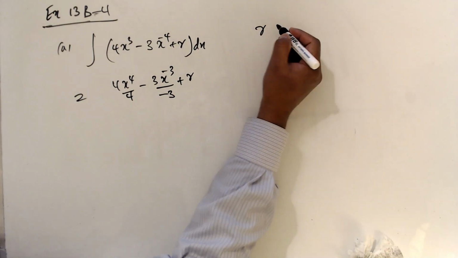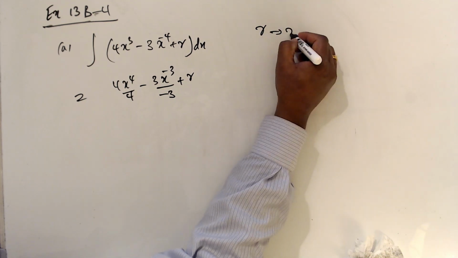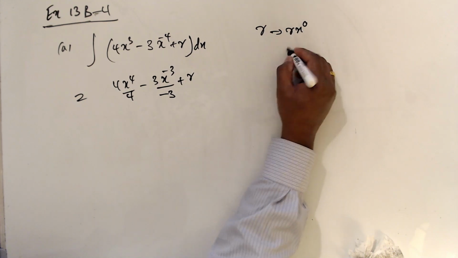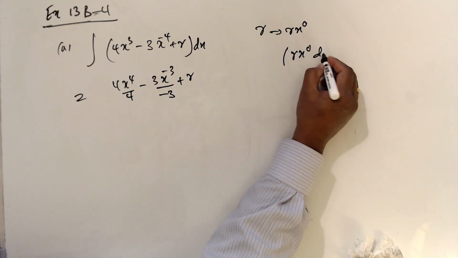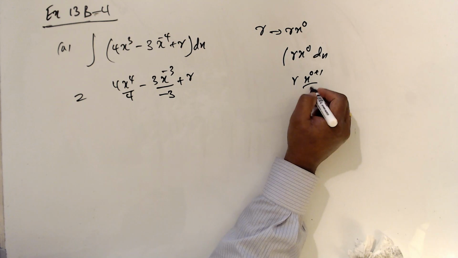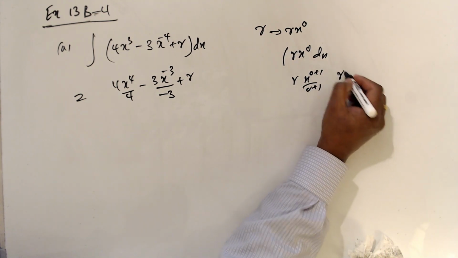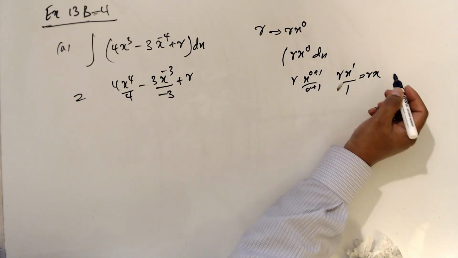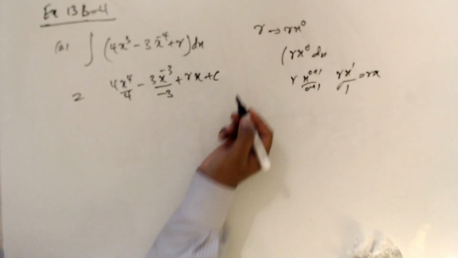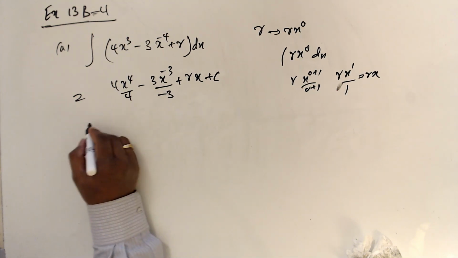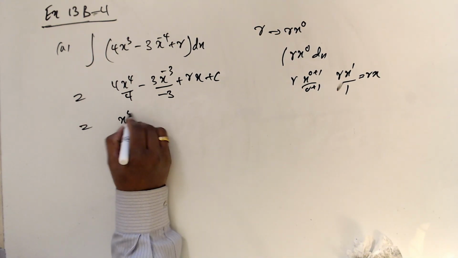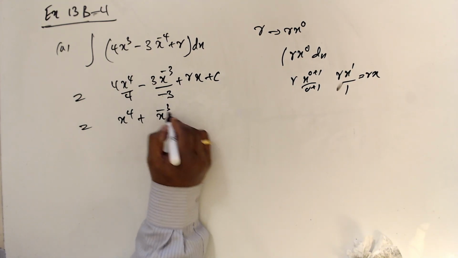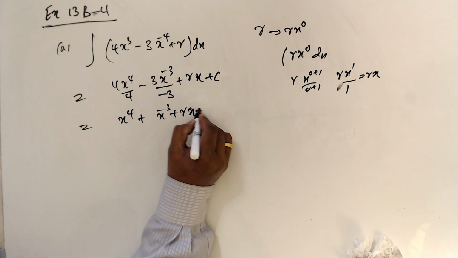This r means r x^0. So when you integrate r x^0, plus 1, 0 plus 1, it means r x^1 over 1, which is r x, plus c. So this is 4 and 4 cancel out, x^4, this is minus, minus plus, 3 and 3 cancel out, x^(-3) plus r x plus c.